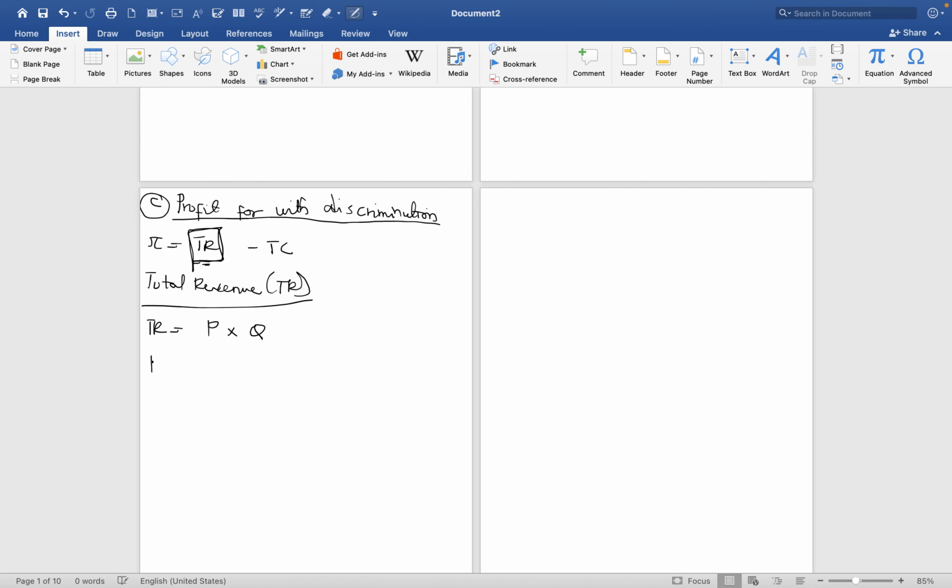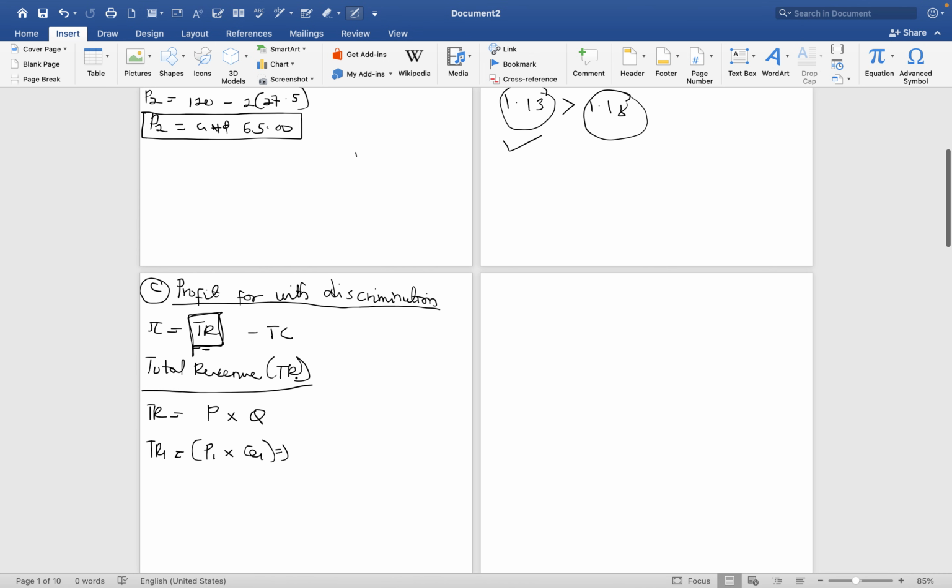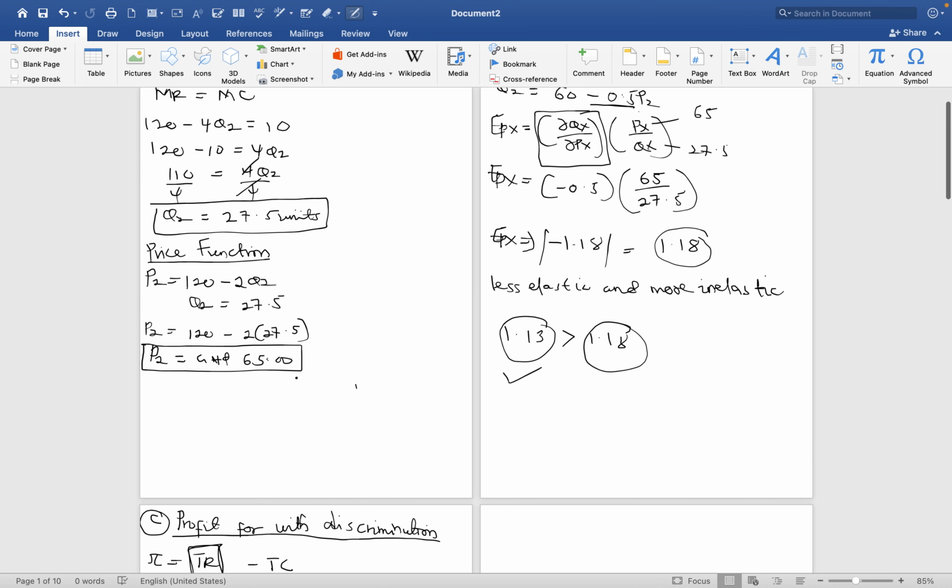So remember that we had total revenue 1. How did we solve it? It was P1 times Q1. You either use the total revenue 1 function, or you use the formula for total revenue 1, which is P1 times Q1.